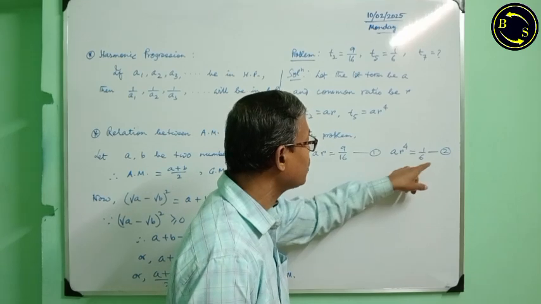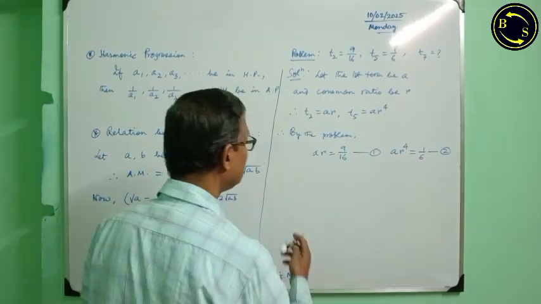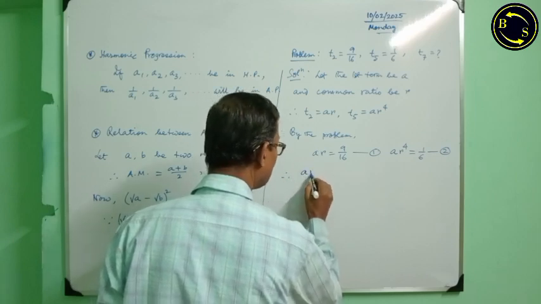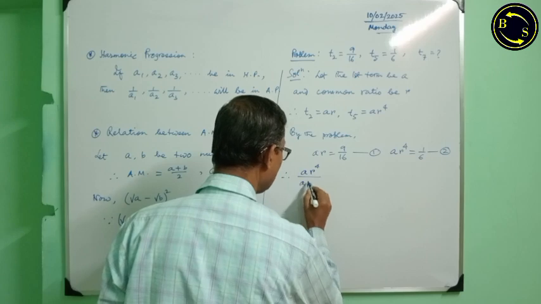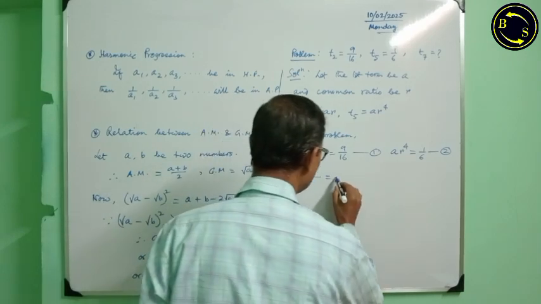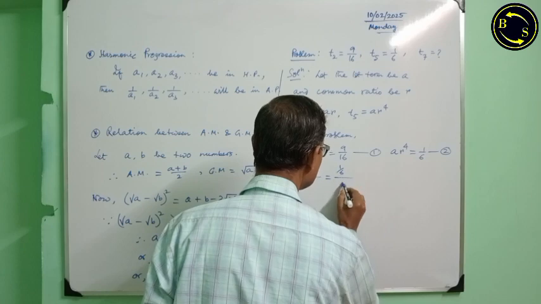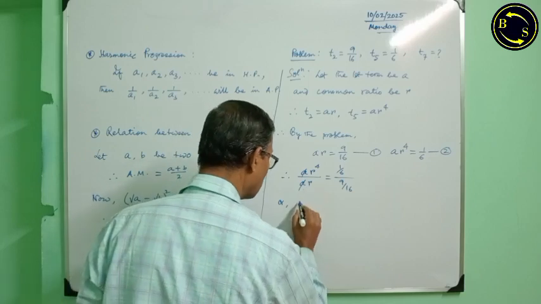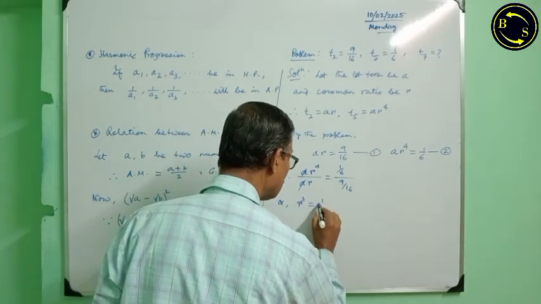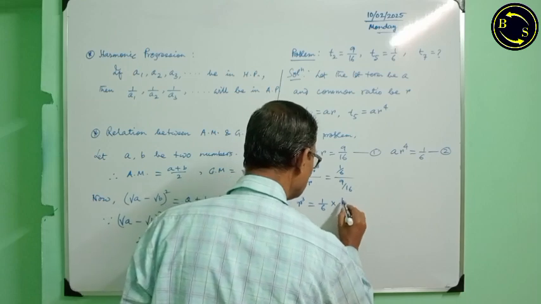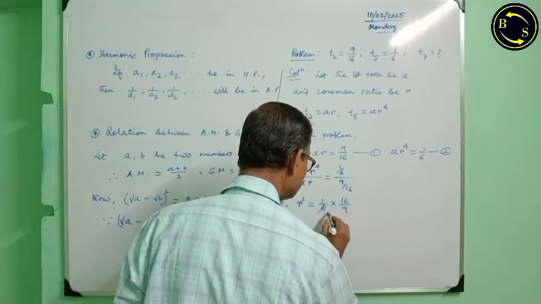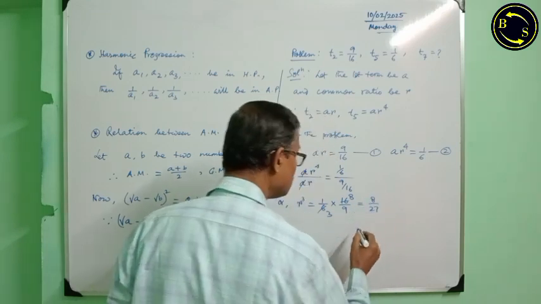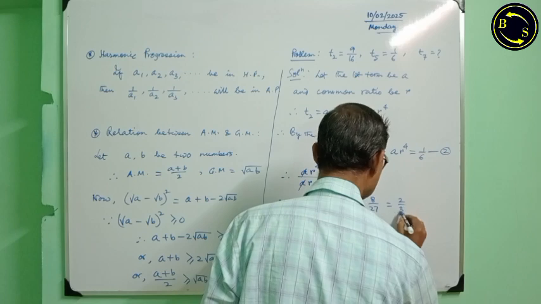If we divide the second one by the first, therefore AR to the power 4 by AR will be equal to 1 by 6 by 9 by 16. A A cancelled, R cube is equal to 1 by 6 into 16 by 9, that is 8 by 27, which is equal to (2 by 3) whole cube.